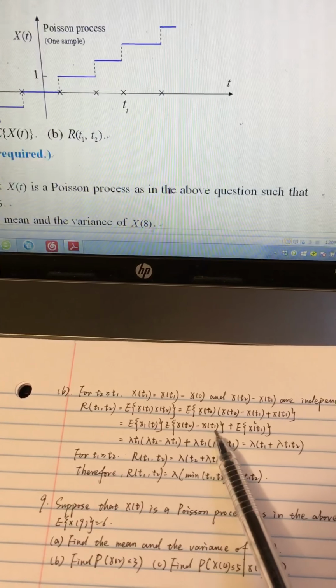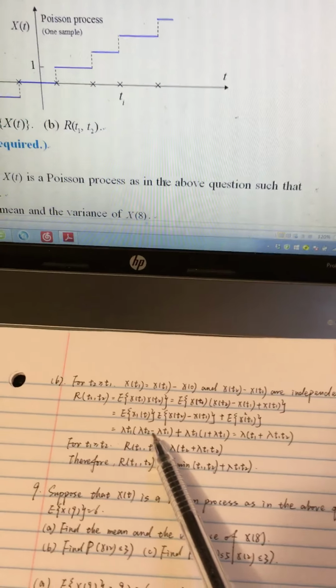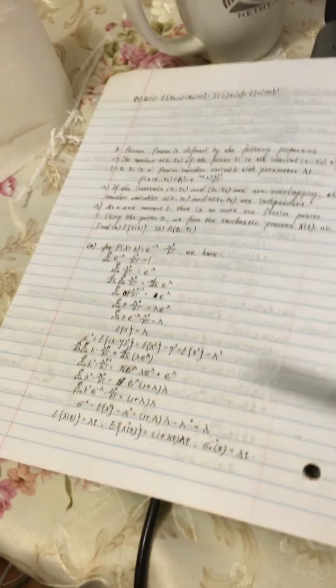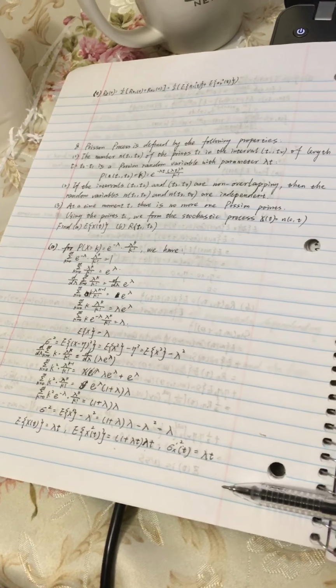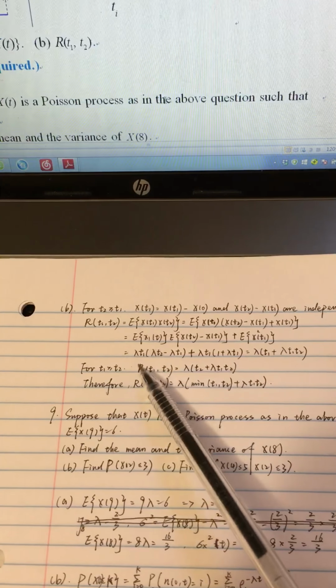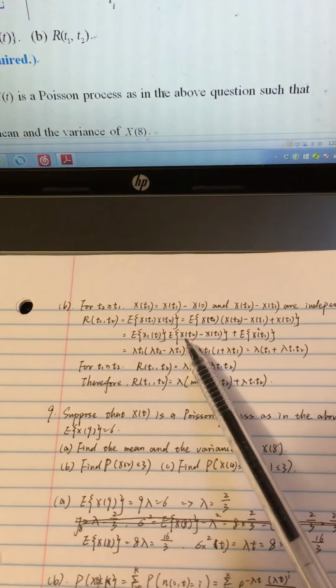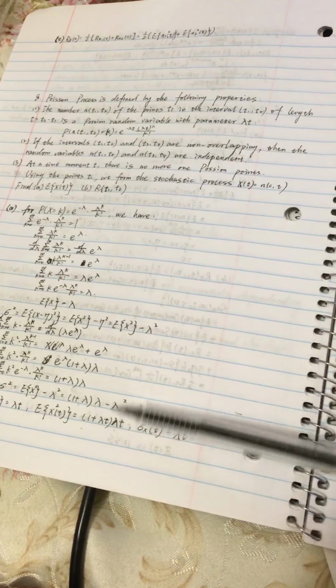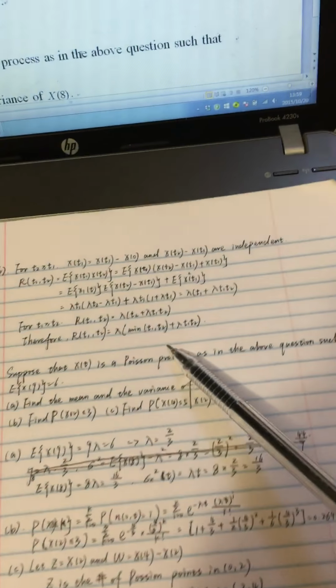So for the first part here, we can use the above analysis and just apply the value here. So this part is lambda t1, and this is lambda t2 minus lambda t1, and the square is like this, so just apply it.